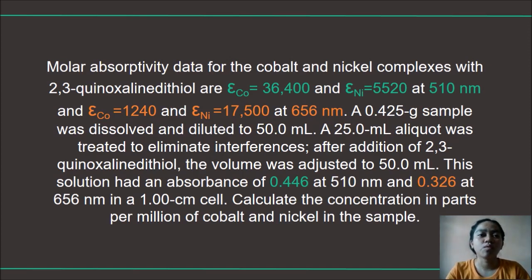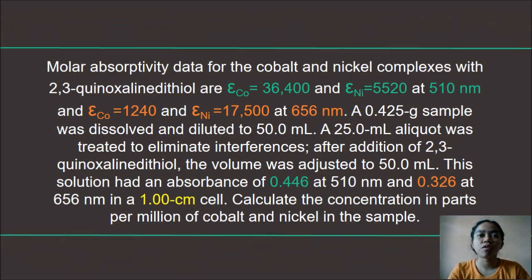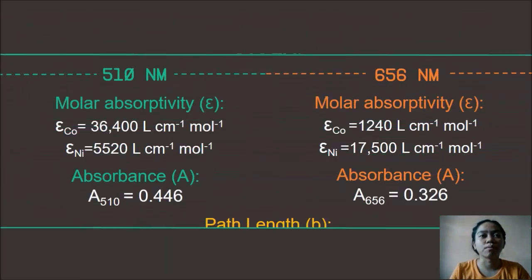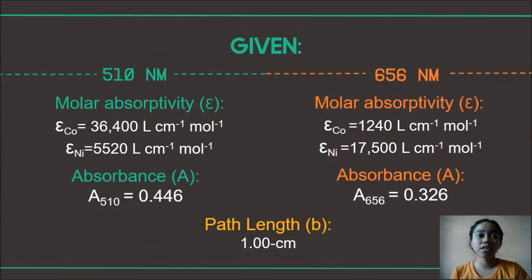We also have 1 centimeter, which is our path length. Just to summarize the given data in our problem, I separated the given into the 510 nanometer wavelength and the 656 nanometer wavelength. So this is the summarized version. We have a different molar absorptivity and absorbance between the two, but the path length does not change. It is still 1 centimeter.